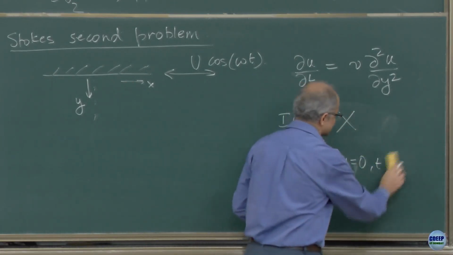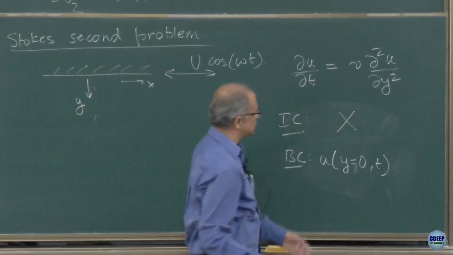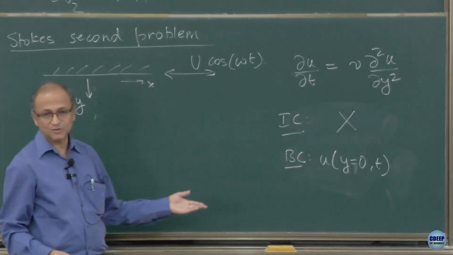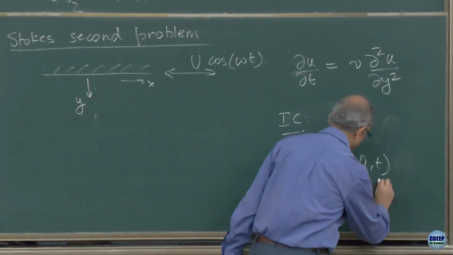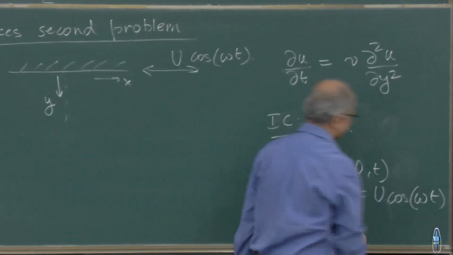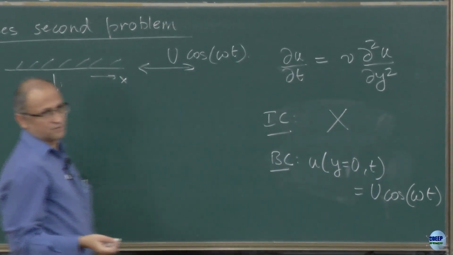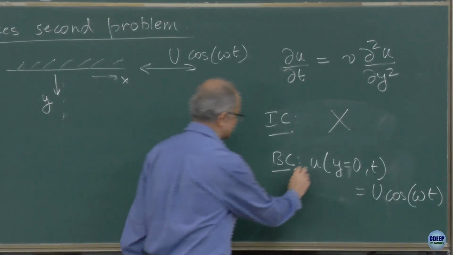Maybe just leave it like that because we are not really defining t equal to 0. So what is it that we expect to get? u equal to U cos omega t, and this is what we get from the no slip boundary condition. Whatever is the velocity of the plate, the same should be the velocity of the fluid next to the plate. So that's the condition we are imposing here. That's my first condition.